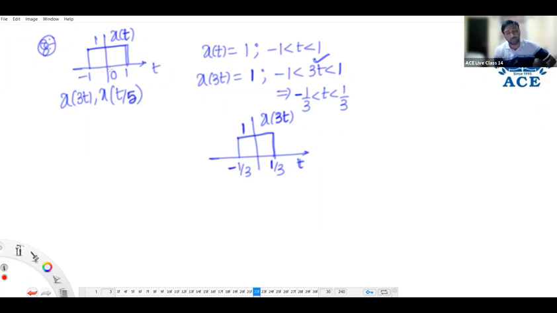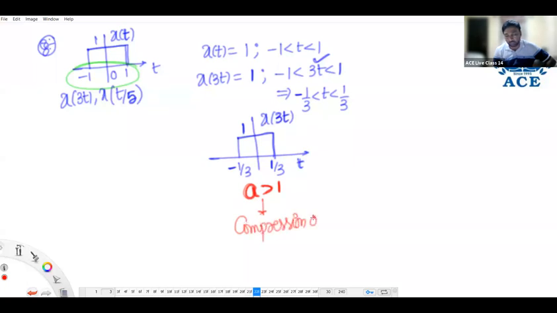What is the length of the original signal? 2 units. But what is the length of the new signal? 2/3. Means it is compressed or expanded? The original signal length decreased by 3 times. x(at) for a greater than 1 is called compression of x(t).